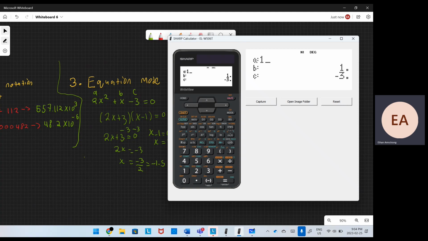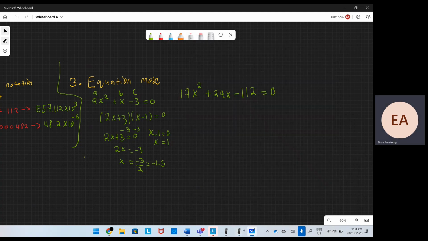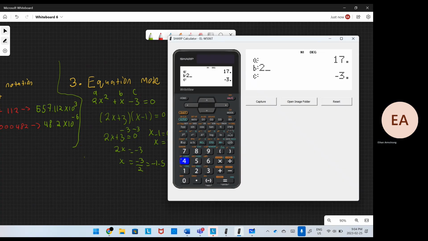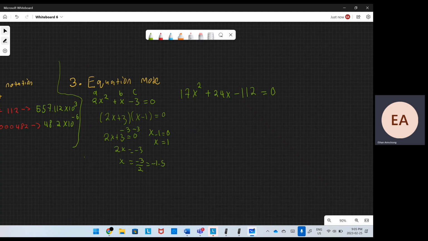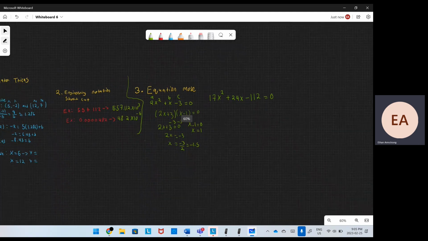So we had 17, 24, and -112. Make sure to hit this negative in brackets button instead of the minus, or else you'll get an error. And there you go. X equals 1.956 and -3.367. That's something you would not be able to figure out by factoring.